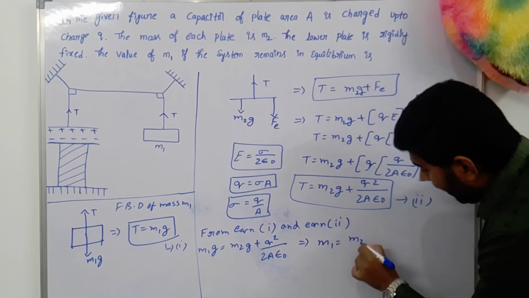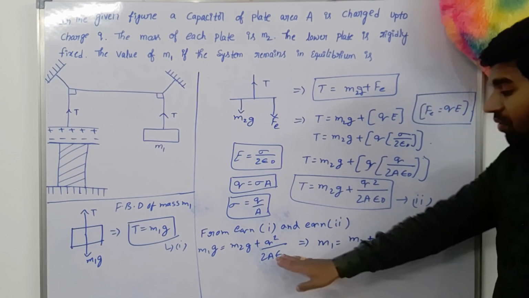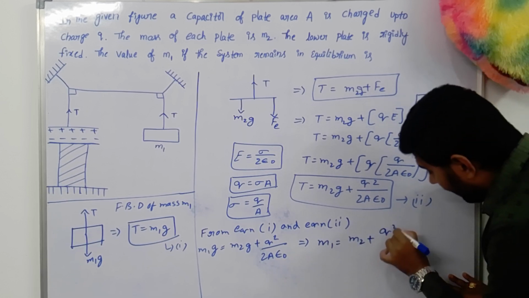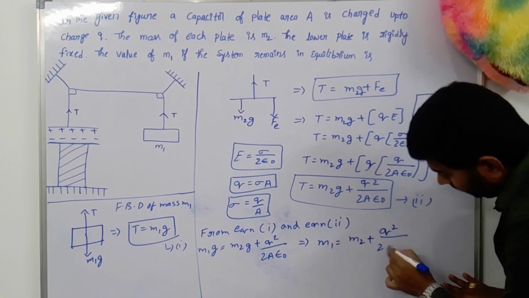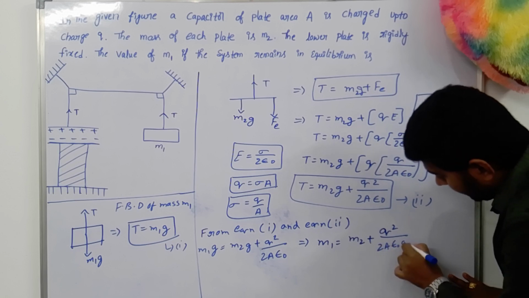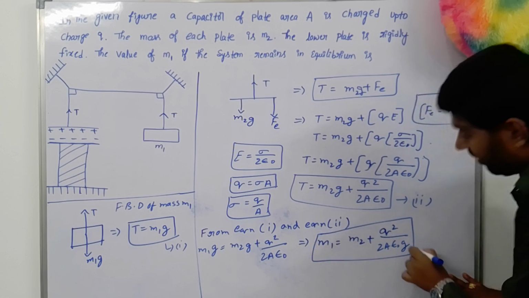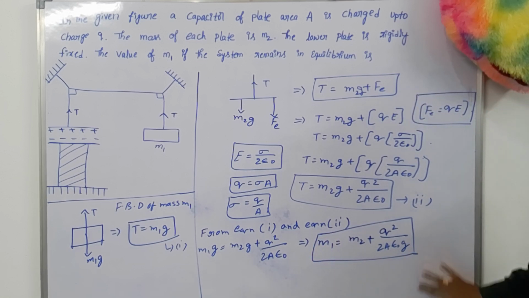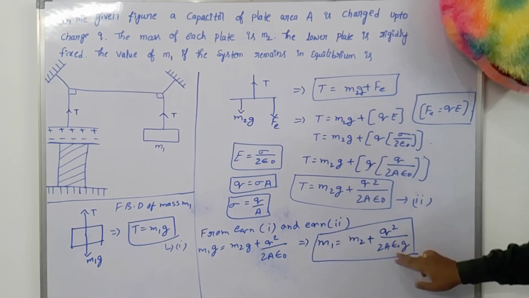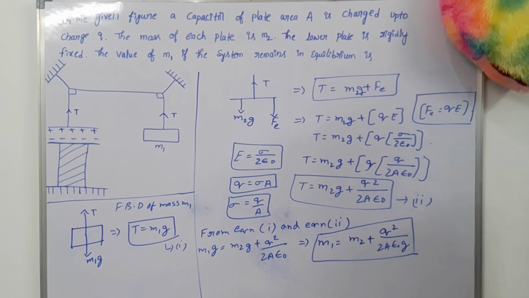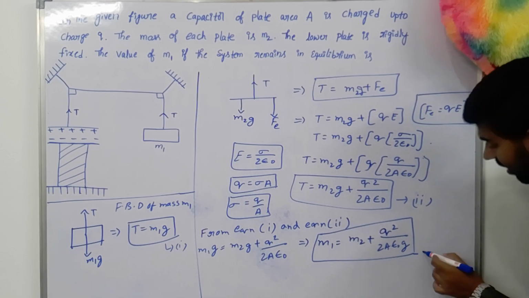It will become M2 plus Q square by 2A epsilon naught g. Finally, you got M1 is equal to M2 plus Q square by 2A epsilon naught g, whenever the system remains in equilibrium. Till now it is clear. This is the M1 value.